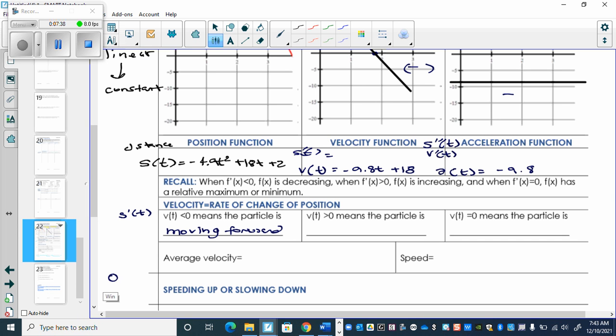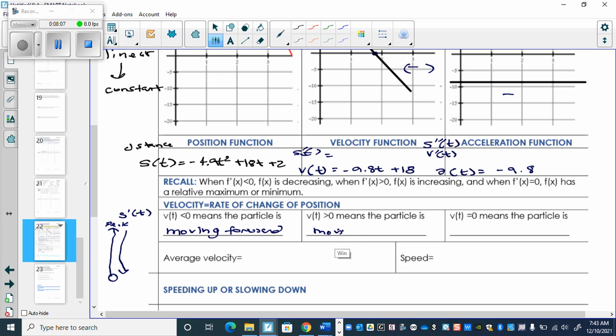It's right here. It goes in the air. That means it's moving up in this instance. When it stops, it peaks right here. There's a peak, right? It's slowing down, and it stops. And then it turns back around and comes back down. So it's moving forward. And then here, it means the particle is moving backwards.